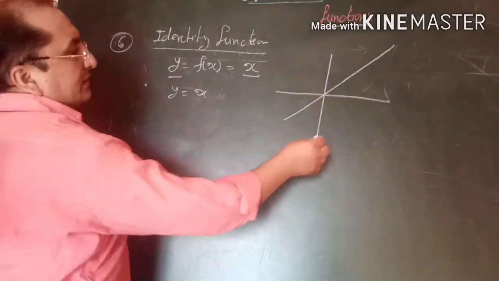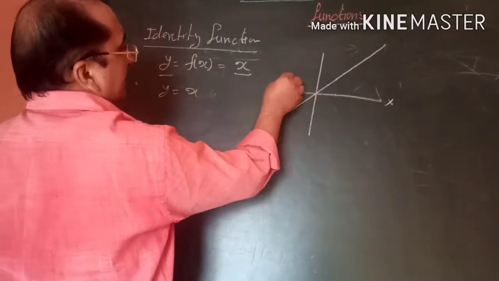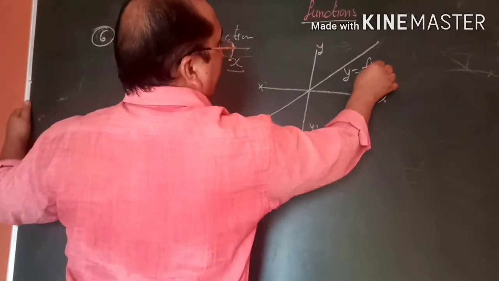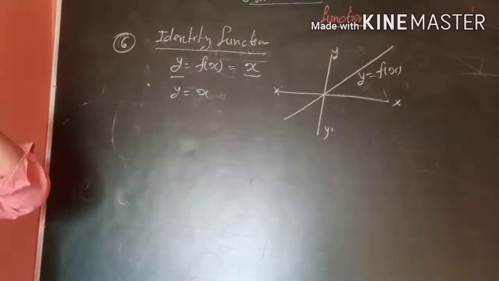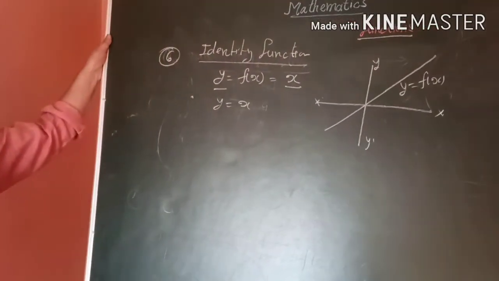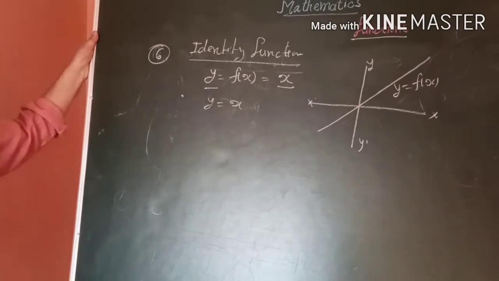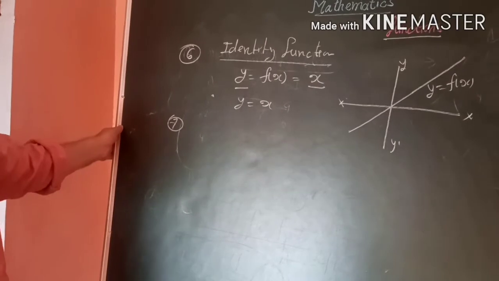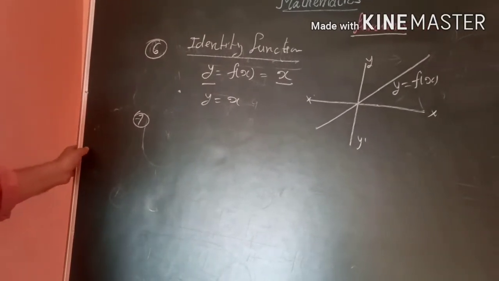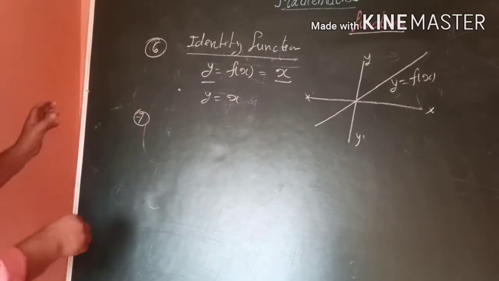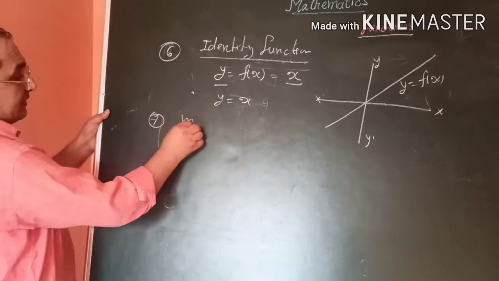This is the x-axis, this is the y-axis, and this is y equals f of x. For different values of x, we get the same value of y. This is known as the identity function. And the seventh, what is the new function? The ordinary function, you can start with this. Then the modulus function. This is a very important function.